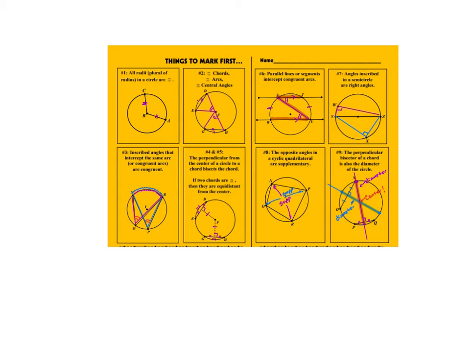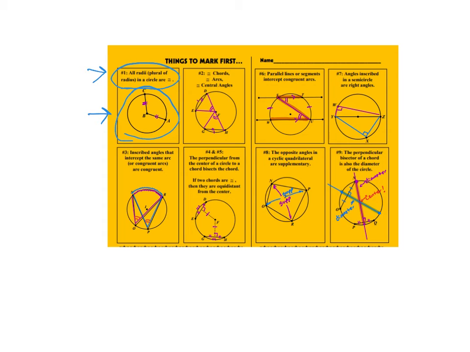One thing that I suggest is making a note card and putting this part on the front of the note card, and then putting this part on the back of the note card. And then if you look at the front part, that all radii in a circle are congruent, in your mind visually what you should get is this picture.